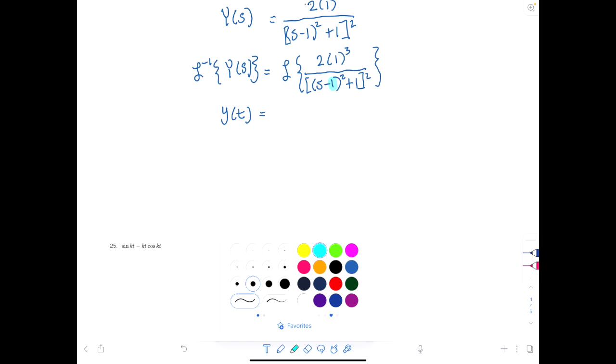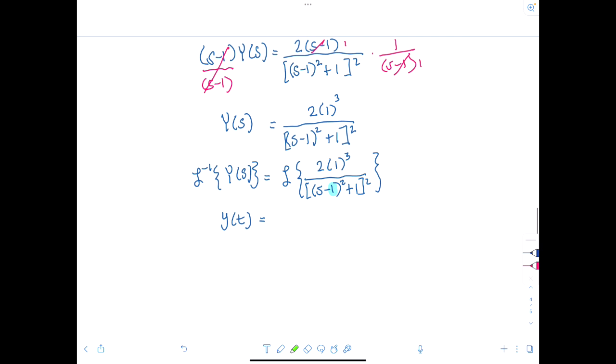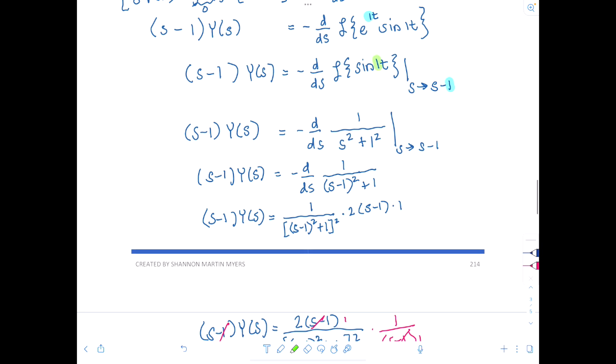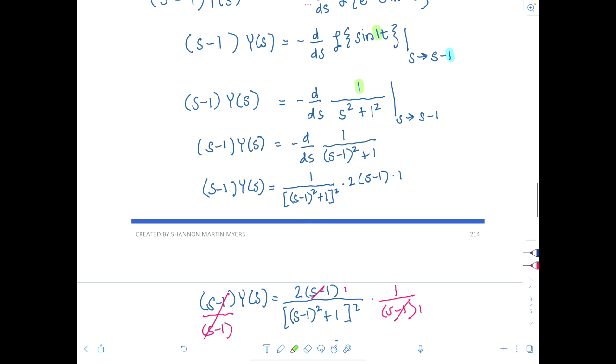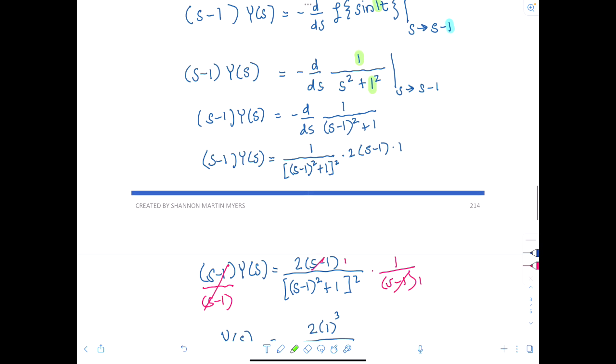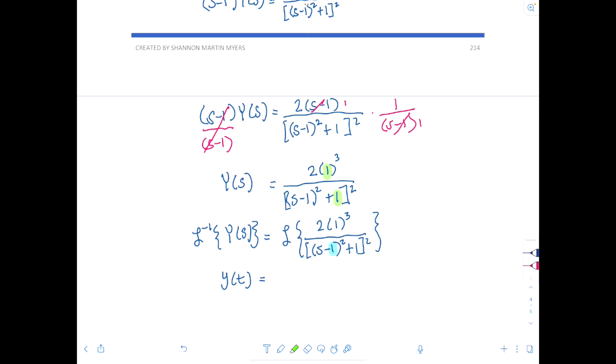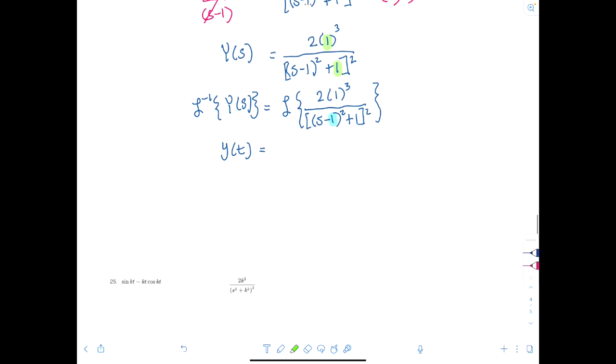And then this one here is from the k, so this is all from the k, my k in the formula.